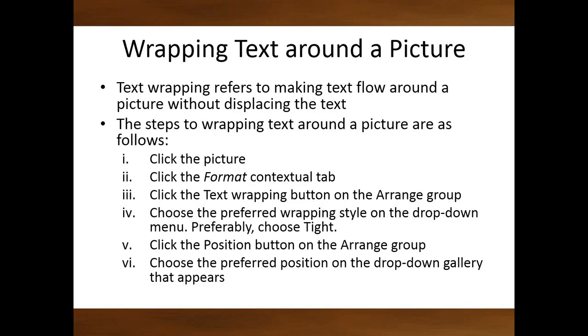Choose the preferred wrapping style on the drop-down menu, but preferably choose tight. 5. Click the position button on the arrange group. And then 6. Choose the preferred position on the drop-down gallery that appears.